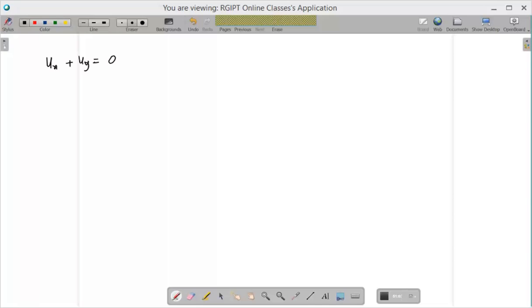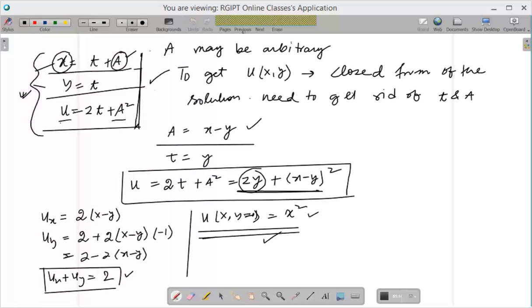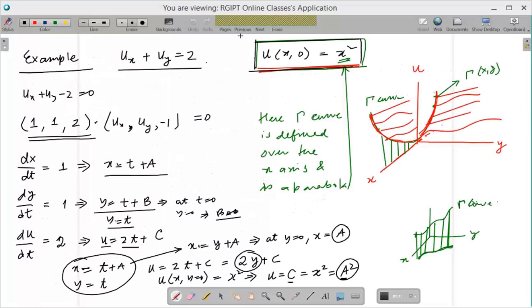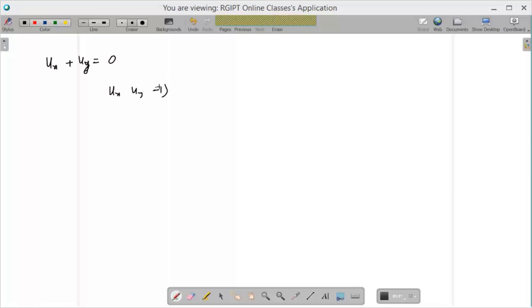So you can see this: now here I have ux, uy, and minus 1, and here I'll have 1, 1, 0 dotted with this.